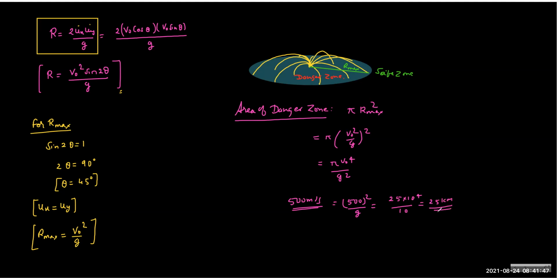So roughly up to 25 kilometers you're in the danger zone. So you will try to keep your camp or the military away by this value at minimum. So you may take, for safety purposes, 30 kilometers or maybe 40 kilometers, and then you will start the war. Okay, so these calculations are very, very important.